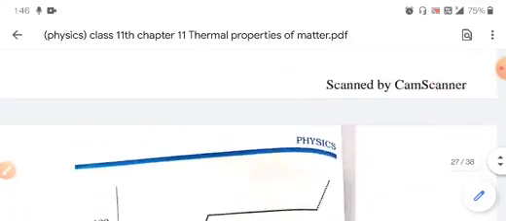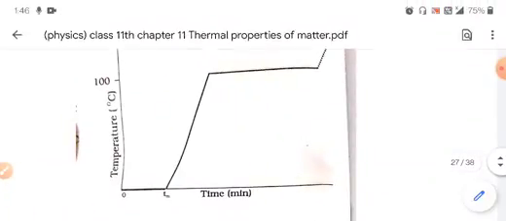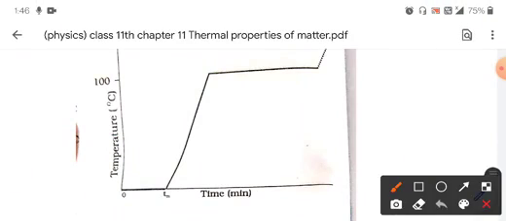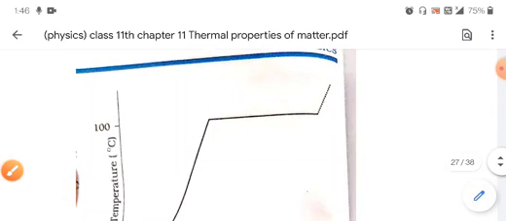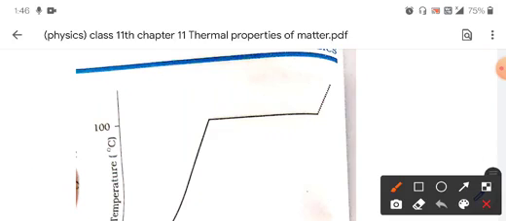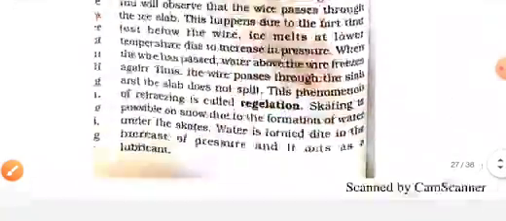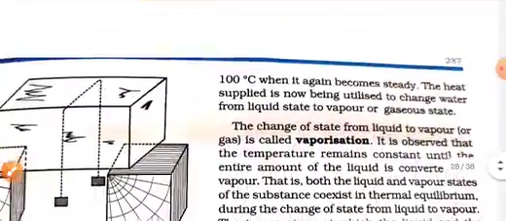Because the heat we are giving to the water is not increasing its temperature. That heat is utilized to change the state of the water to steam, or we can say vapor. And when the complete water has been converted into vapor, if we give it more heat, that will increase the temperature of the vapor.